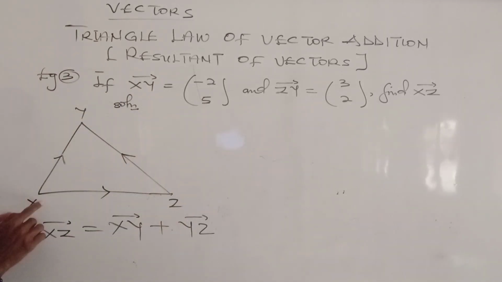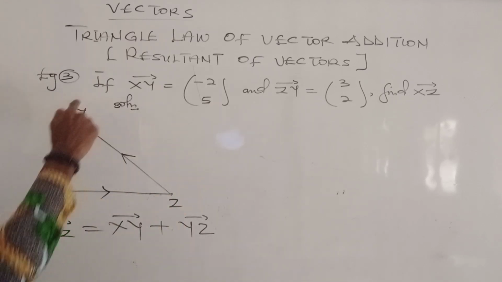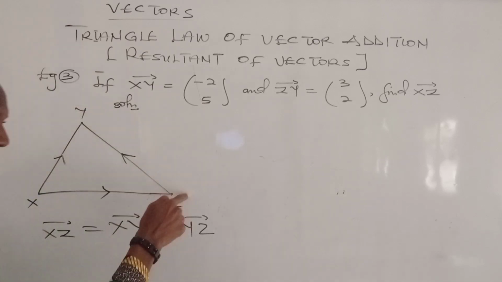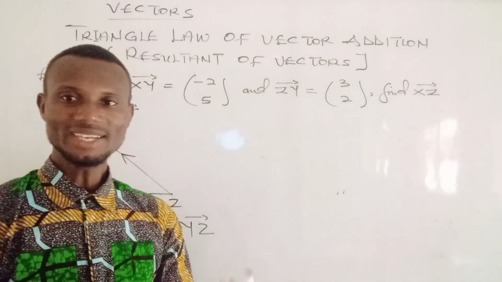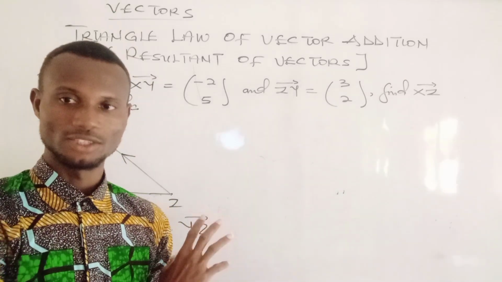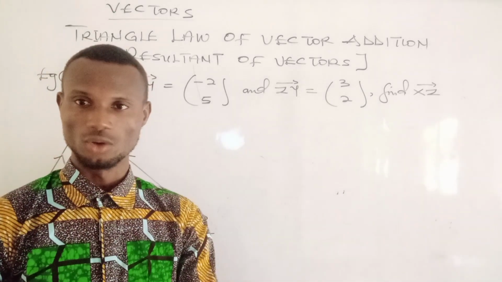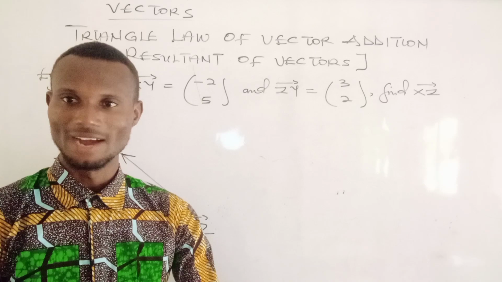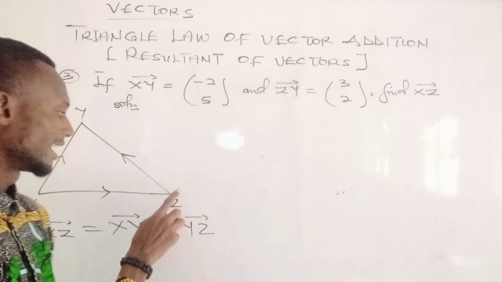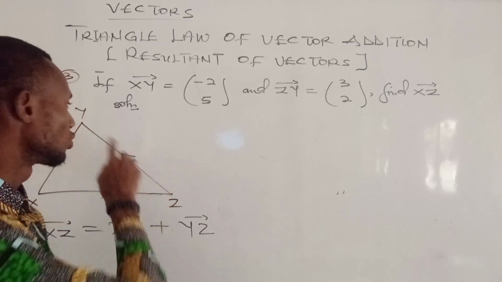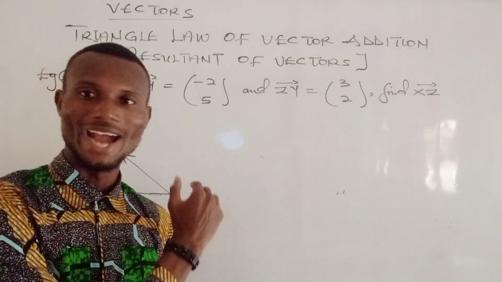So to find my vector SZ is supposed to be SY plus YZ, not ZY. So irrespective of how the diagram is, you just stick to the law. You just write the formula down as the law states. So don't say because the arrow is moving from Z to Y, you are going to write YZ.